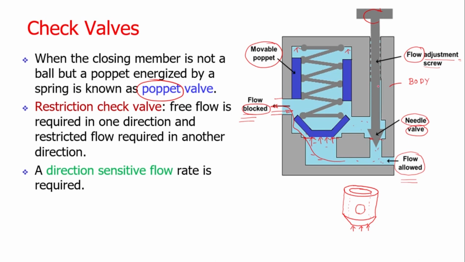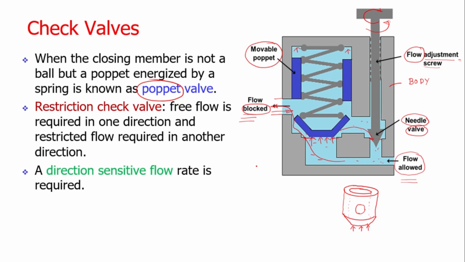Consider you don't want to have the increase in pressure, you just want to reduce the flow rate. In that case, you can move this in anti-clockwise direction. This needle valve will be open, and whatever fluid is passing through the gap between the poppet and the valve will be moved back to the inlet port. So in this way, the pressure inside the space of the valve can be reduced by using this flow adjustment screw.